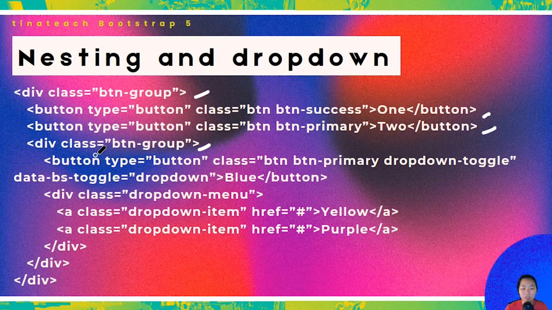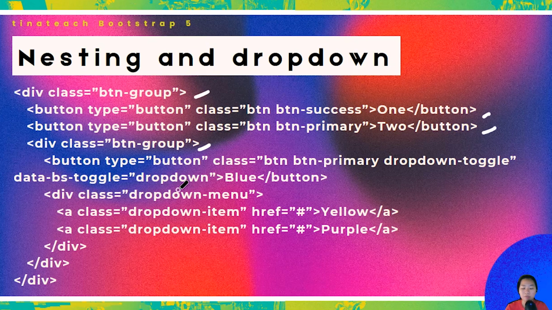Once again, button type button, class btn, then btn-primary for the blue color, dropdown-toggle. So this is where the toggling of the drop down menu starts, and then data-bs-toggle dropdown. I'm just going to name it blue for now.